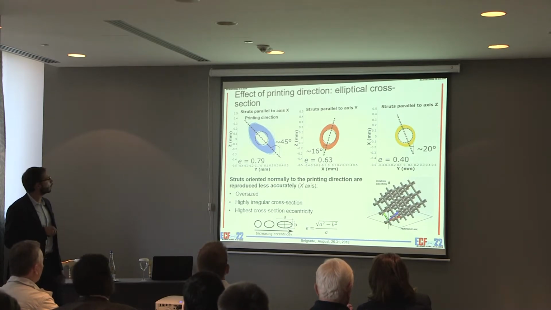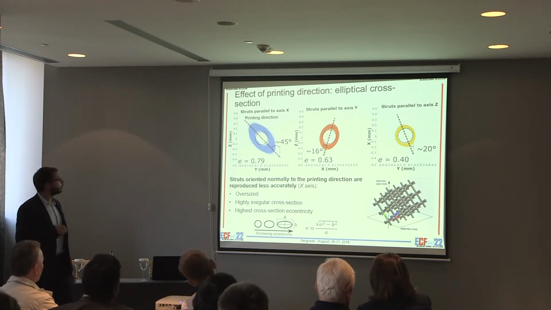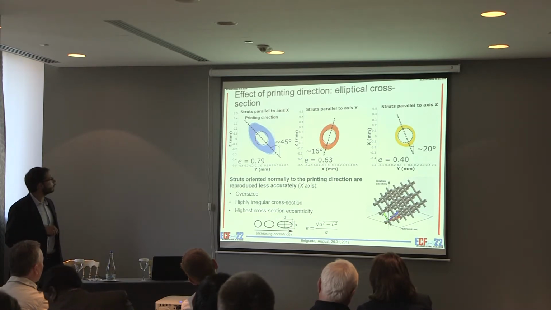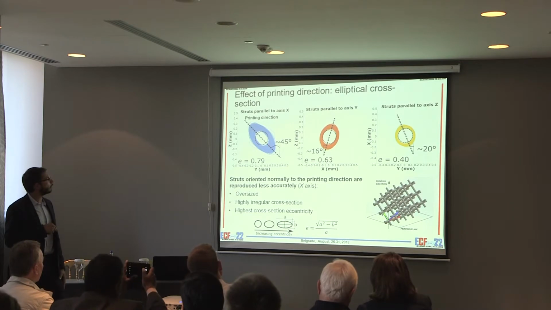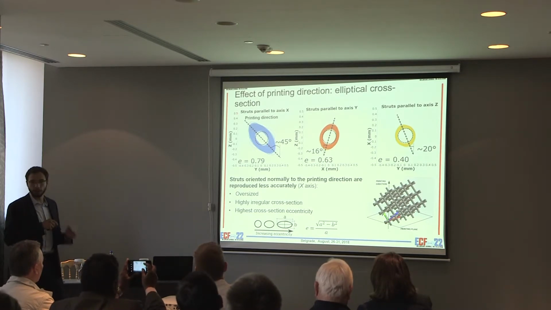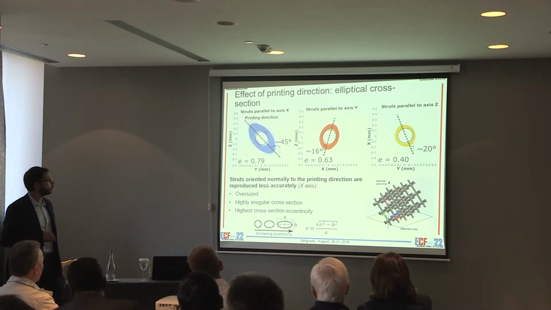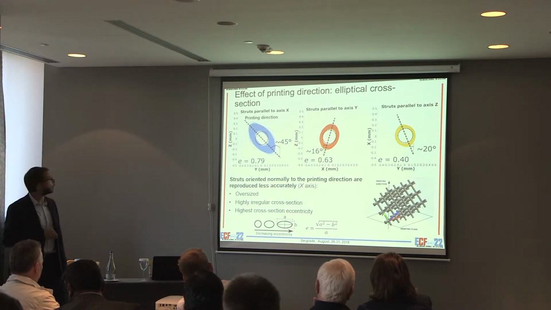We see that the struts parallel to the printing plane have quite a high eccentricity, and they are also aligned at 45 degrees, which is exactly the printing direction. So this is the vertical printing direction. We have an ellipse whose major axis is oriented as the printing direction.